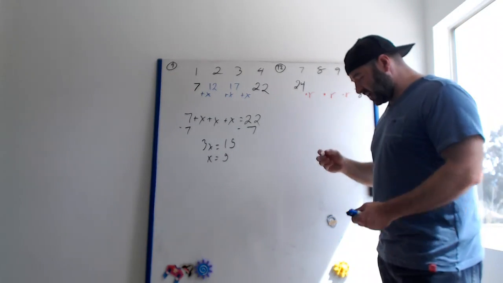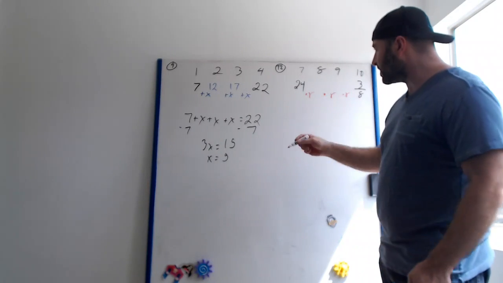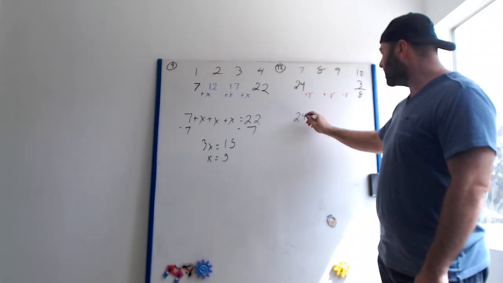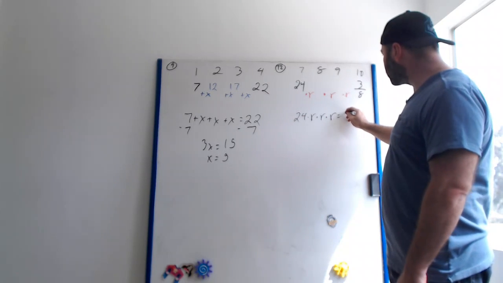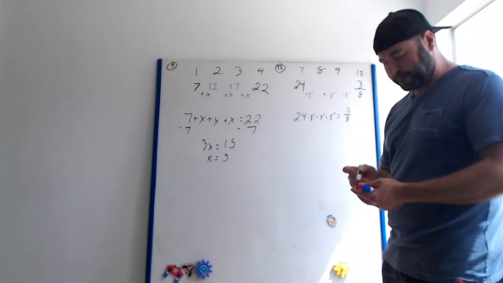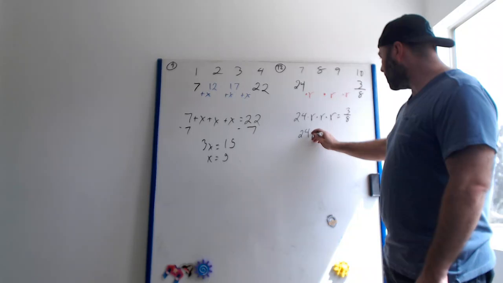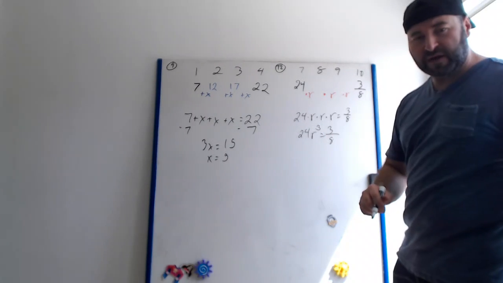So this time my setup is going to be similar, but instead of addition it's going to be multiplication. So it's going to be 24 times r times r times r is equal to 3 over 8. That gives me 24 r cubed is equal to 3 over 8.